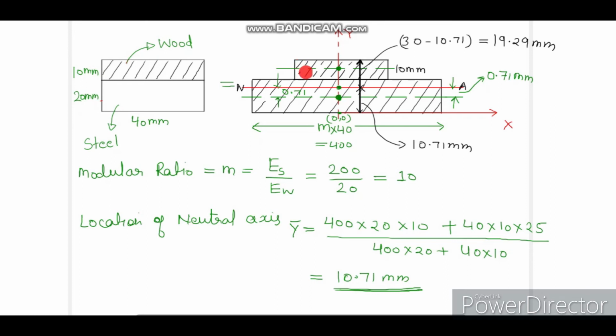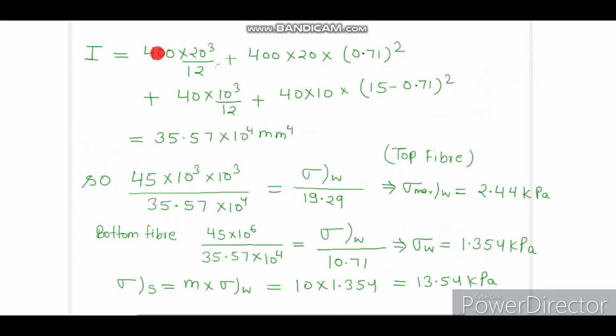Similarly, bd cubed by 12 for this section about its centroidal axis plus its area into the square of the distance between these two points. After writing these, we can find the moment of inertia about the neutral axis. Then for the top fiber, we can apply the bending equation.